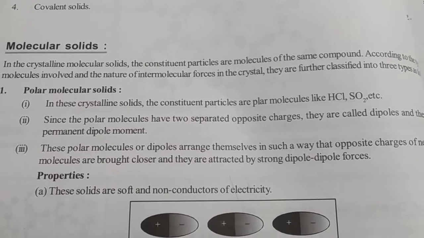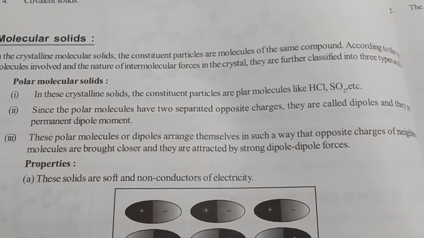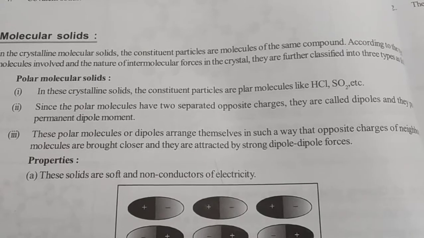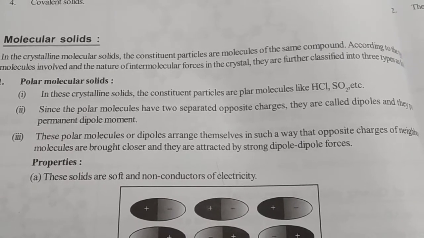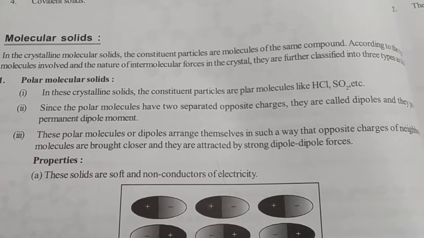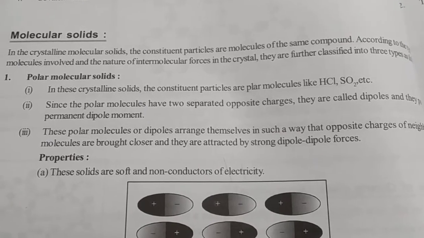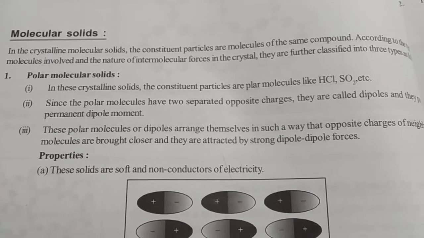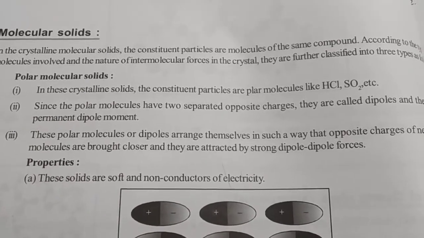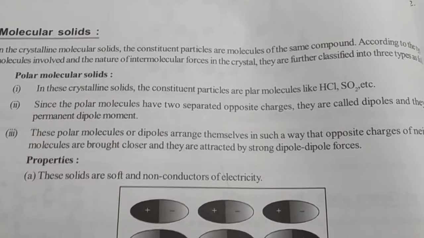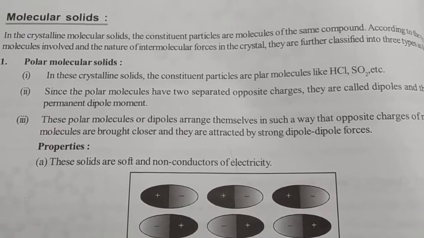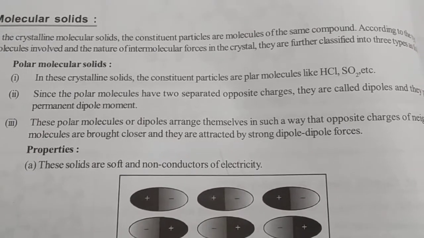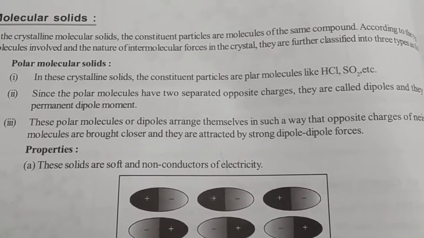In these crystalline solids, the constituent particles are polar molecules like HCl and SO2, etc. What is meant by polar? The electronegativity difference between hydrogen and chlorine is more, so HCl is a polar molecule.